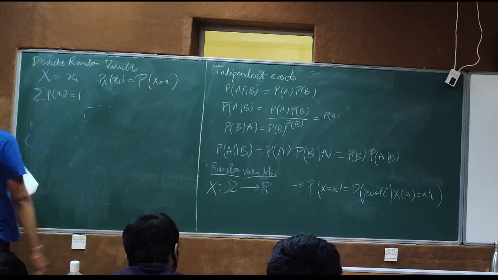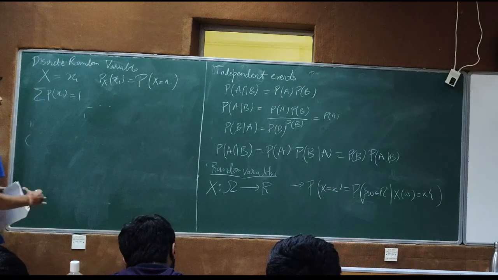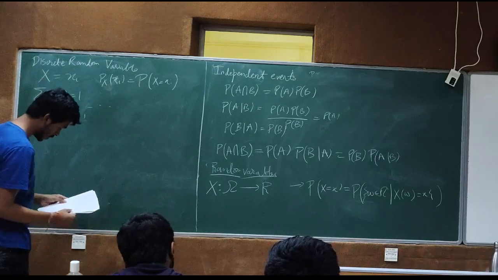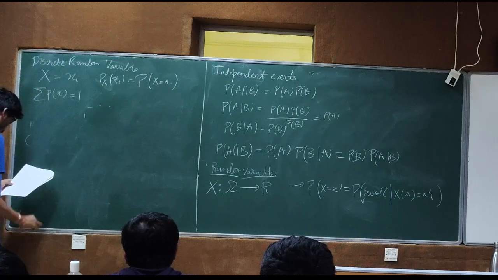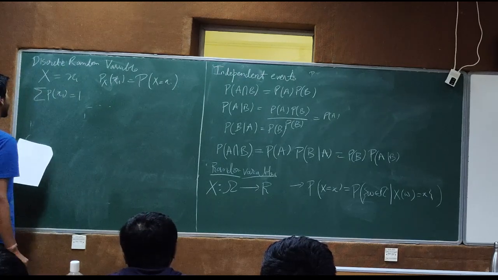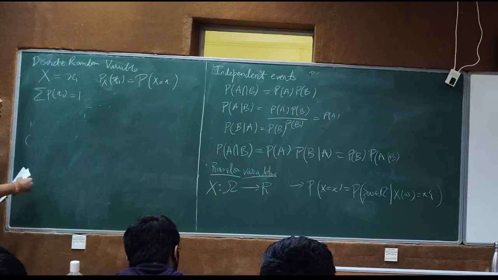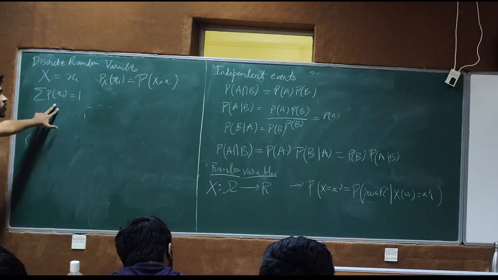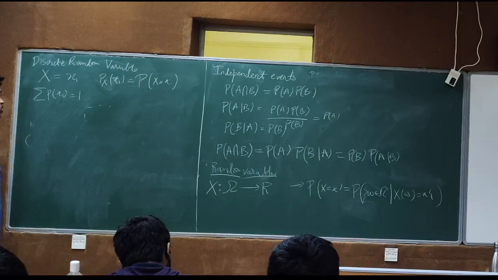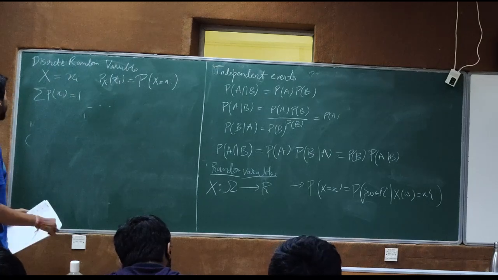So this is the probability distribution of the random variable X. And this is the normalizing condition, which says that the sum of probabilities of all the possible values X can take is 1.